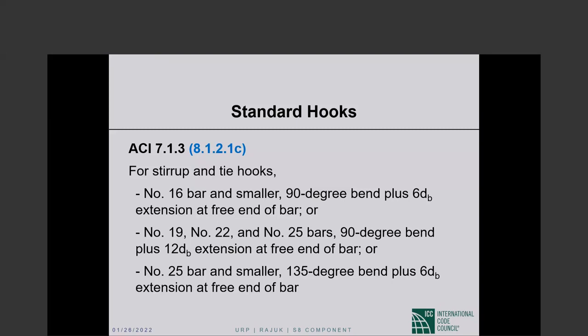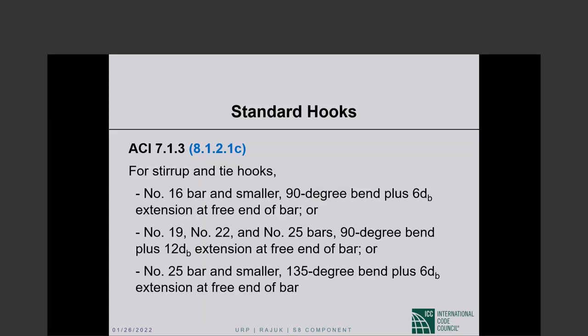For number 19, 22, and 25 bars, 90-degree bend plus 12-bar diameter extension. Or for number 25 bar and smaller, 135-degree bend plus 6-bar diameter extension at free end of the bar.